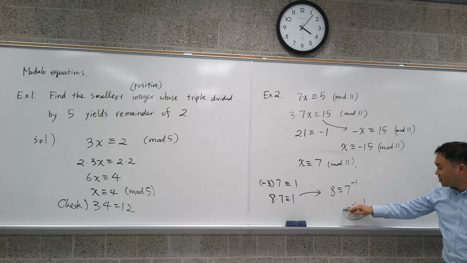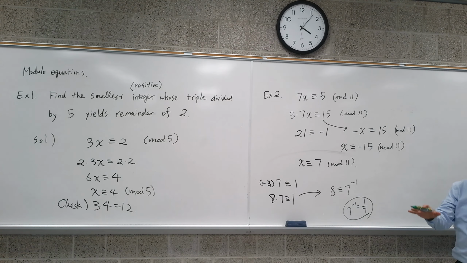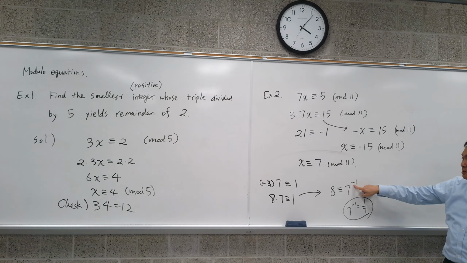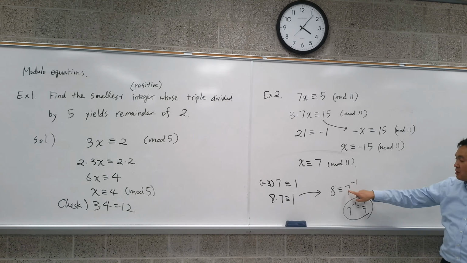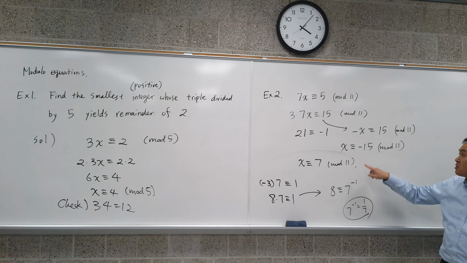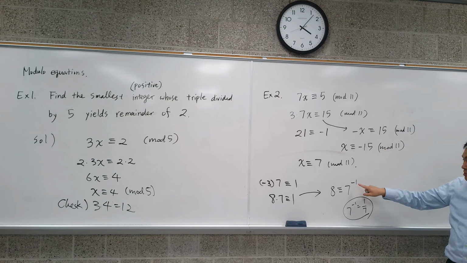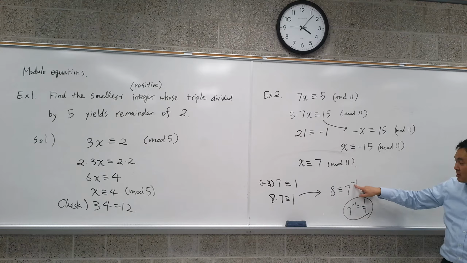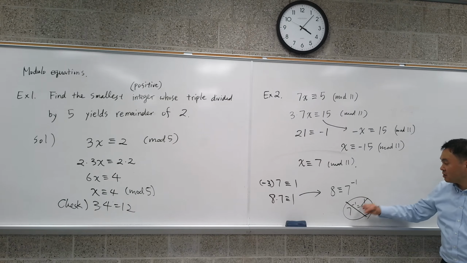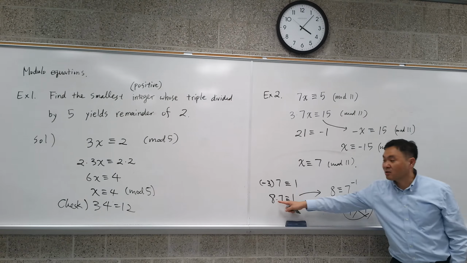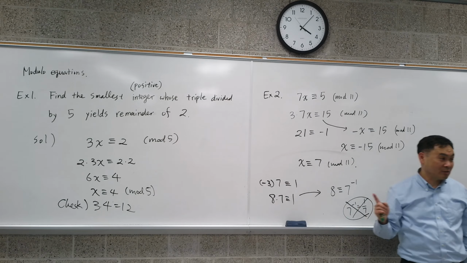But that's in the regular real numbers, okay? This -1 is the inverse of 7 under the modulo multiplication. So this -1 and this -1 have different meanings, okay? So when we say -1 here, it really means not this one, but the number that causes it to give you 1. That's what it means, okay?